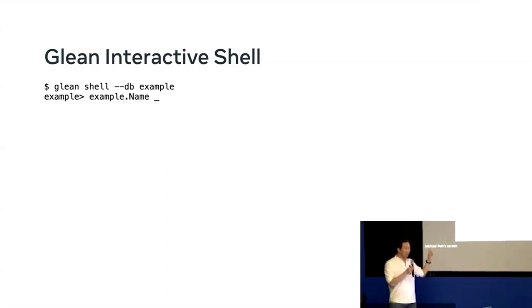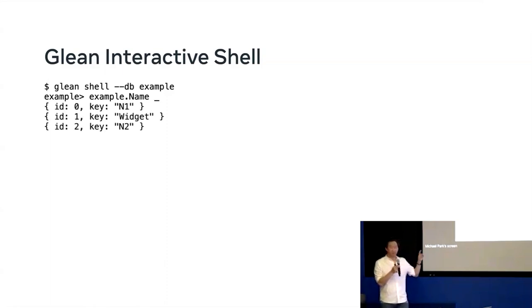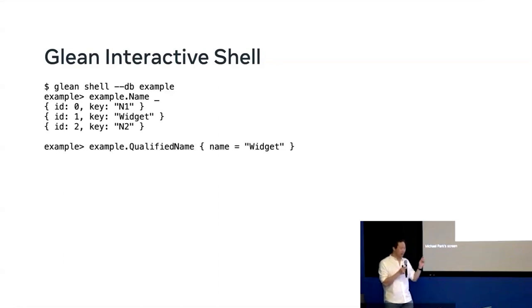So in this example, underscore is like in pattern matching, it's going to match anything, right? So this is going to dump out all of the example names that we saw in the previous slide. You can also specify, for example, qualified name has a name and a namespace, and you can provide the parts that you care about.